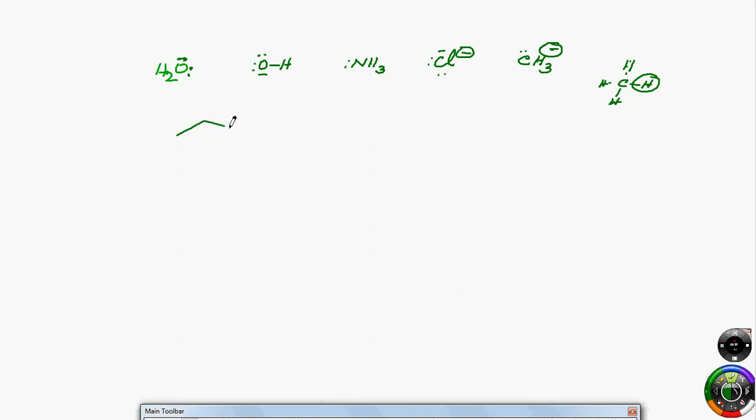Any alcohol, because of the presence of pairs of electrons on oxygen. Amines, because of the presence of electrons on nitrogen.